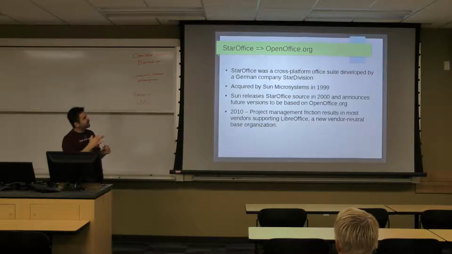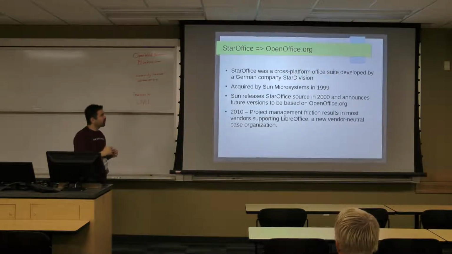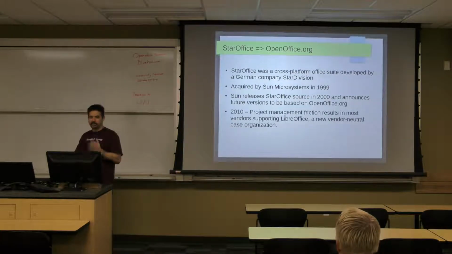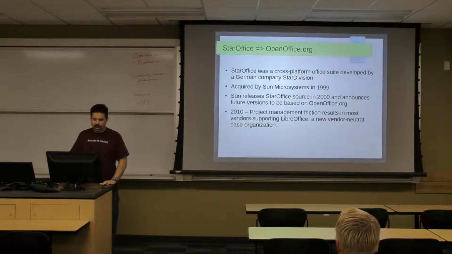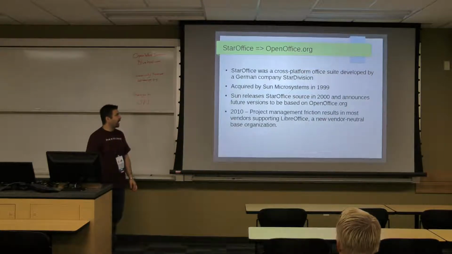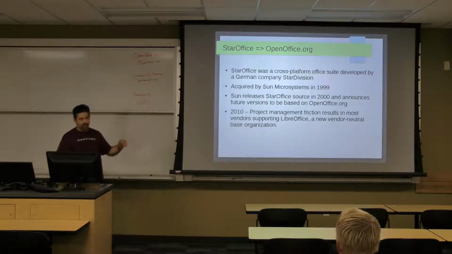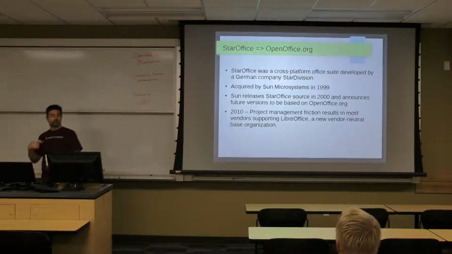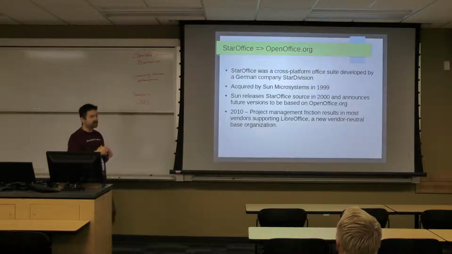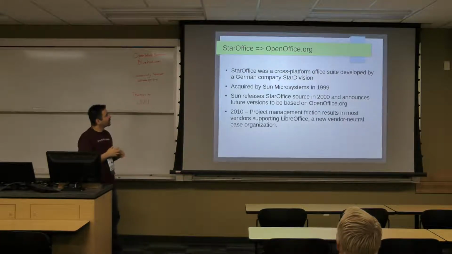But by the late 90s, they had a cross-platform office suite that would run on Macs and Windows and DOS and a few other things. They were acquired by Sun Microsystems in 1999, and StarOffice 5 was made available for Linux and Solaris and all of the really big operating systems, like Windows and Mac.